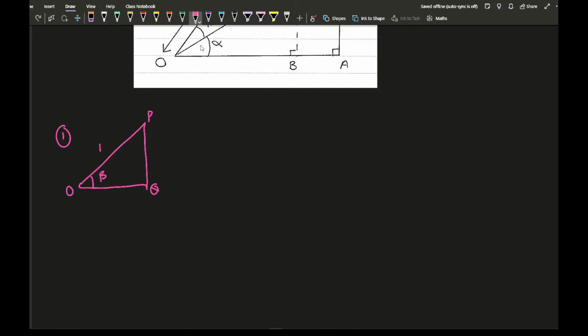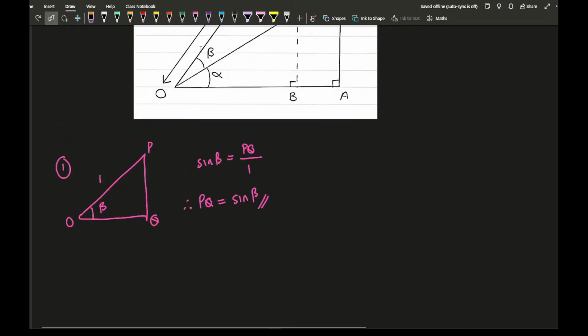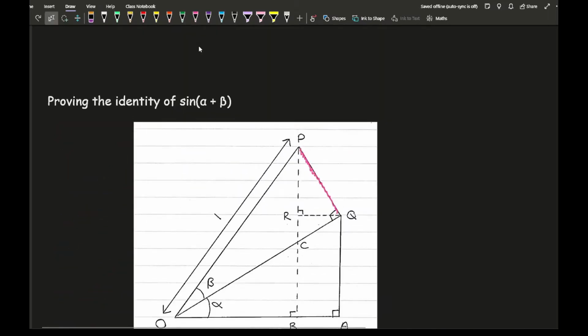So from this we can see that sine beta equals PQ over 1. Therefore P to Q is going to equal sine beta. So from my diagram, I can label this as sine beta.